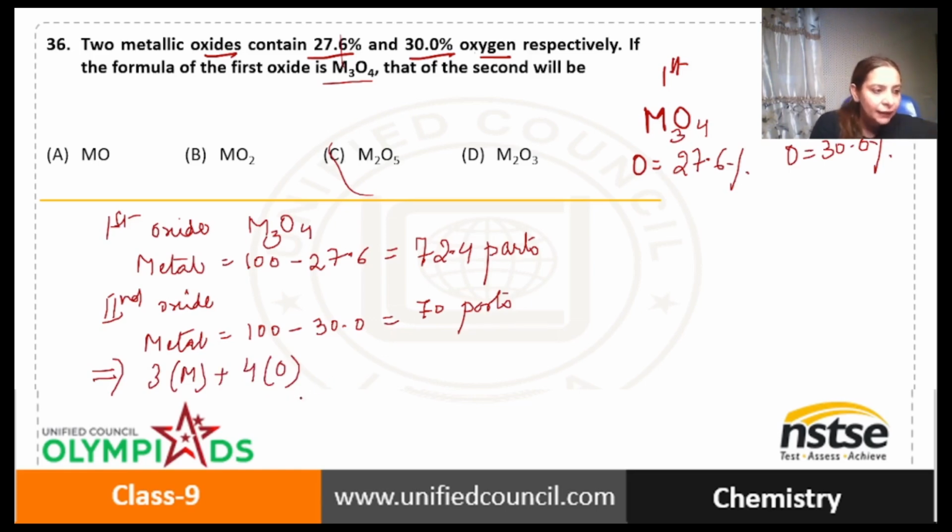So we can write here that 3 atoms of M, that is 72.4 parts, combine with 4 atoms of O, which is 27.6 parts.